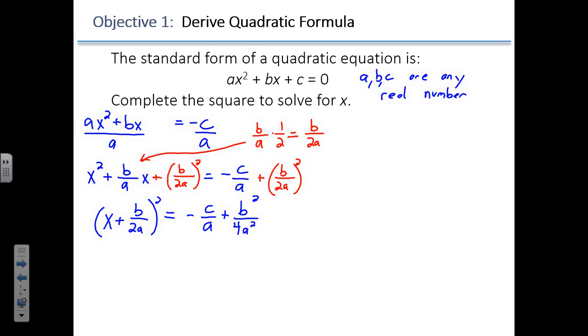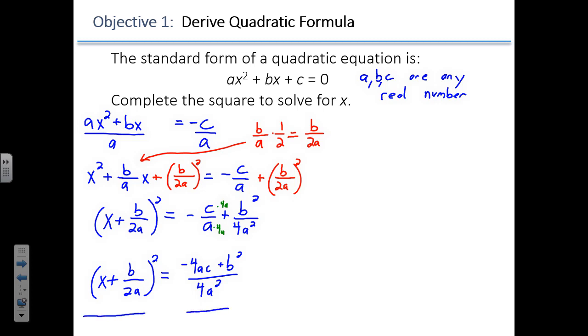Now those two fractions on the right can have a common denominator if we multiply the left fraction top and bottom by 4a. What that means is (x + b/2a) squared equals minus 4ac plus b squared over our common denominator of 4a squared.